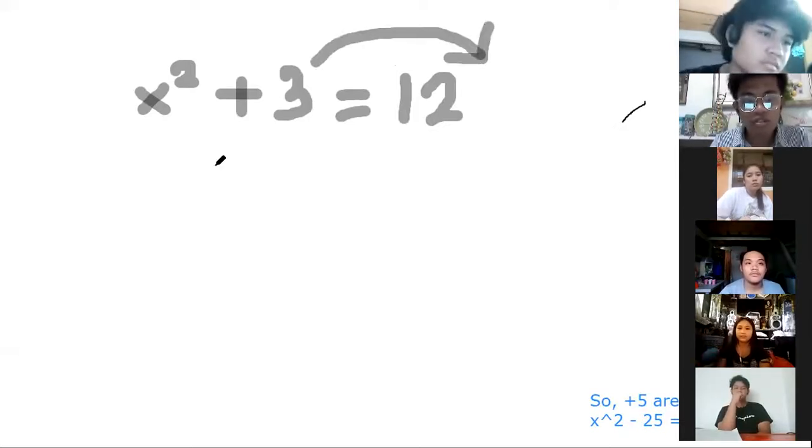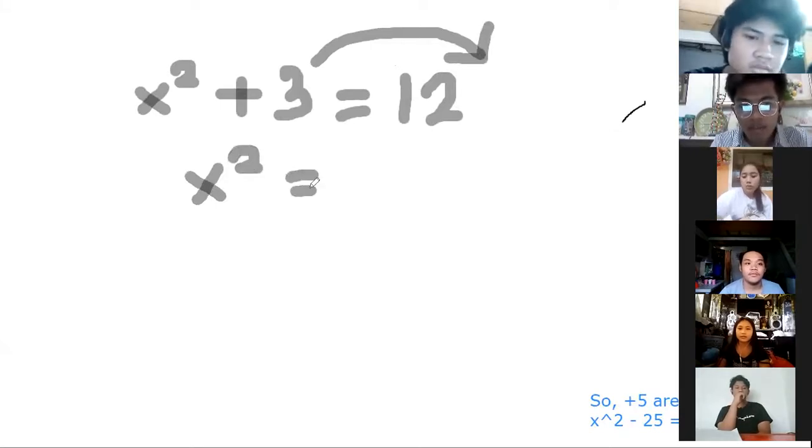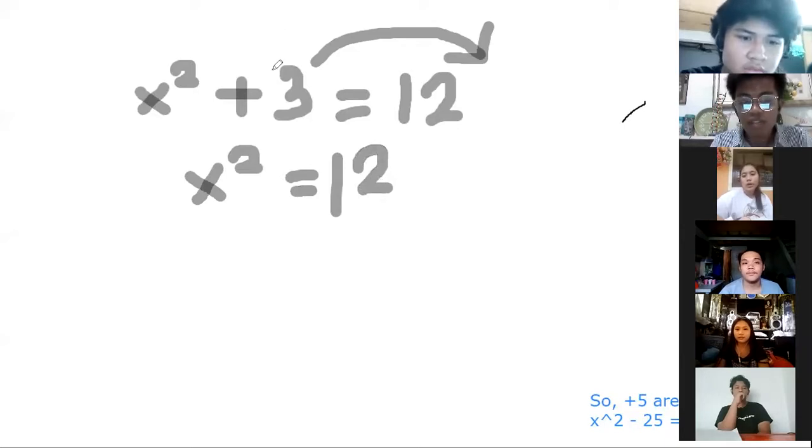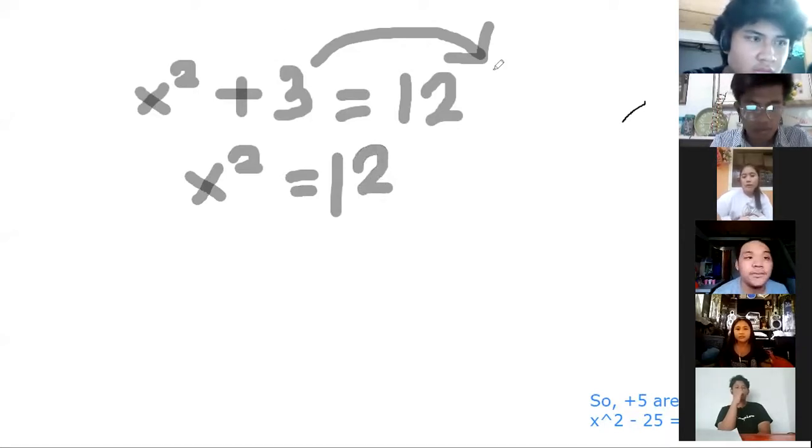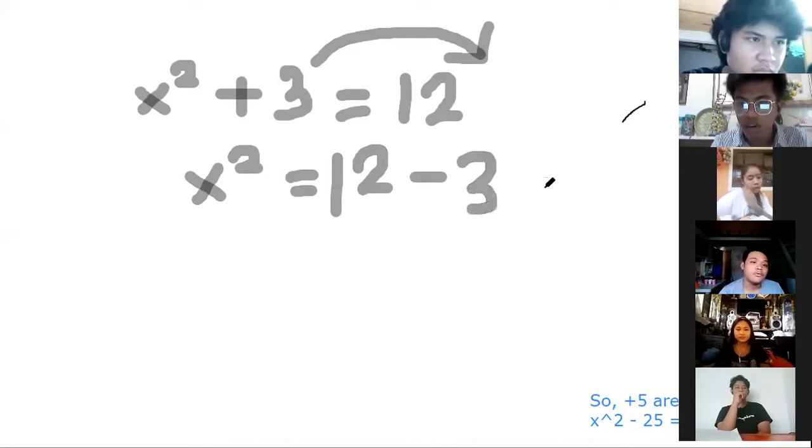So, paano natin isusulat ulit? So, x square, okay, kopyahin mo muna, equal, then 12. Dahil positive 3 siya, magiging ano yung sign niya? Denver. Negative, sir. Very good. So, you have negative 3. Okay, nice one, Denver. Nakikinig.